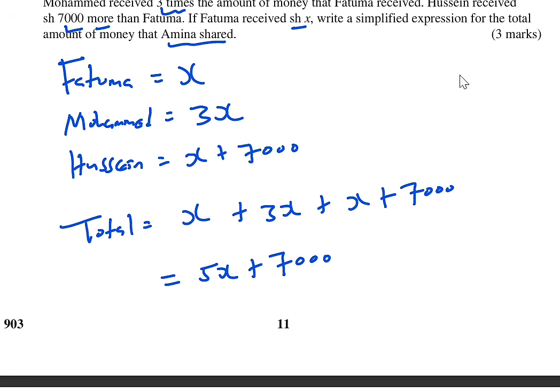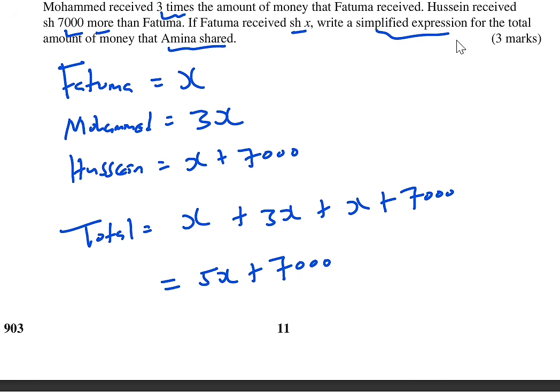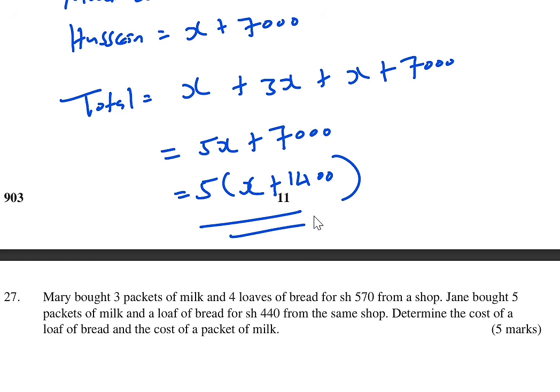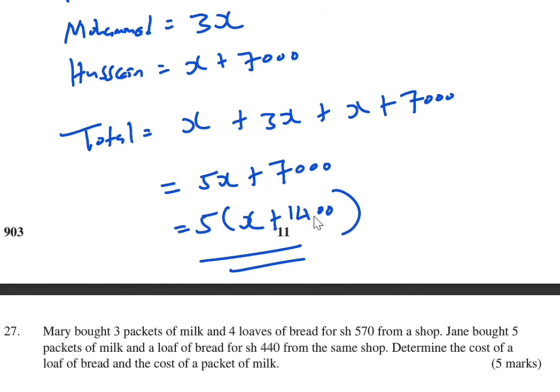Remember you want a simplified expression. Simplified means we factorize. Here I can see 5 is common, and here 5 is common. So I'm going to factor out 5. I remain with X. So 7,000 divided by 5 is 1,400. So it is 5 times X plus 1,400. So that is a simplified expression, you score those 3 marks. Continue to number 27.